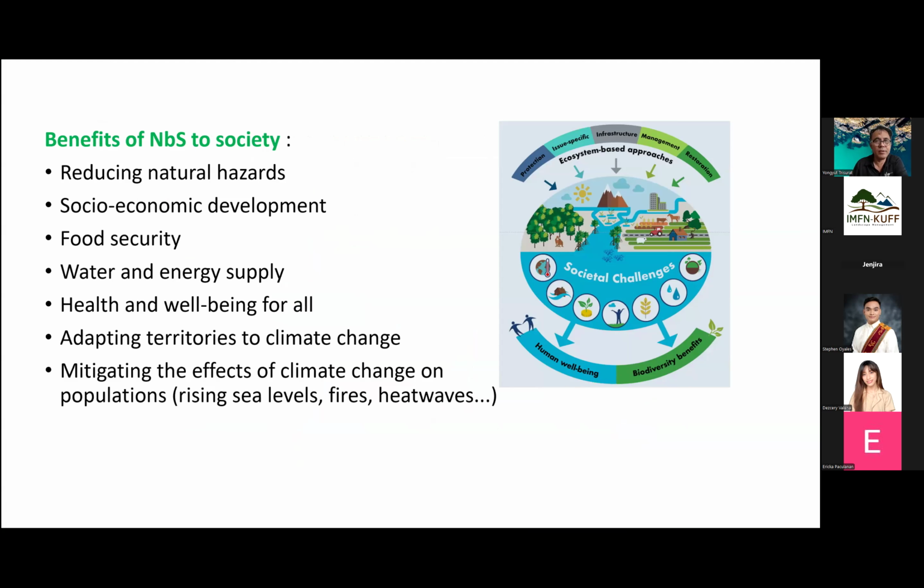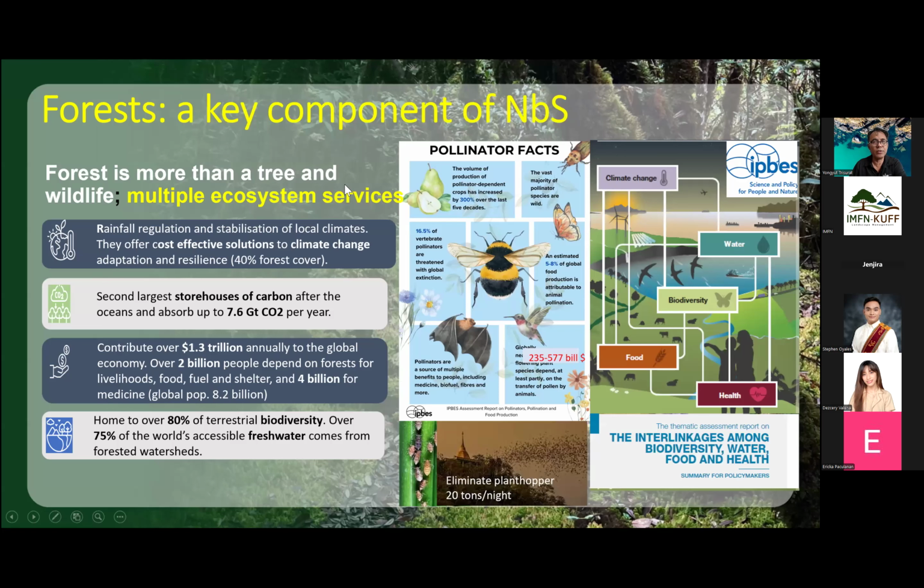But the benefits that we can obtain from nature-based solutions are not only to nature, but also to society. For example, reducing natural hazards, socio-economic development, food security, water and energy supply, health, climate change, and so on and so forth.